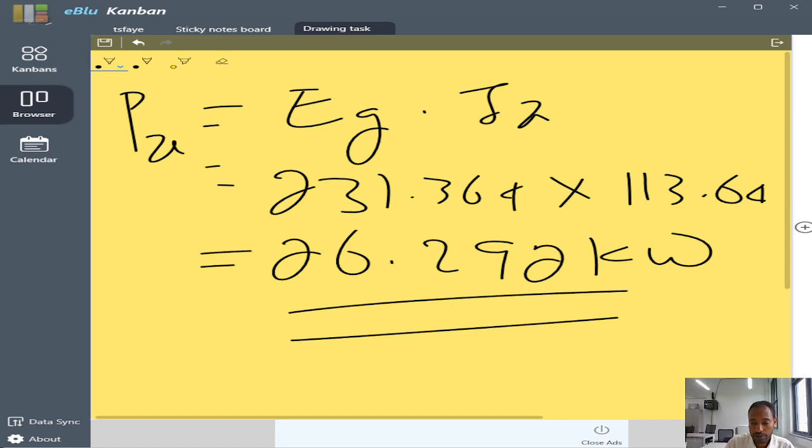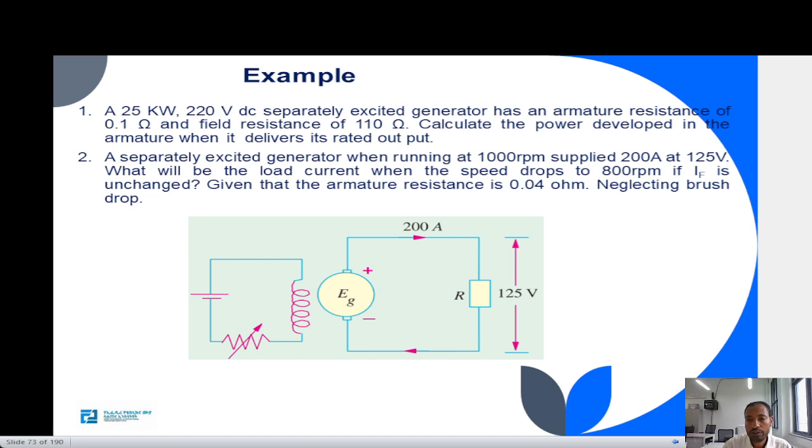So for next, we'll try to attempt a second example. The second example is already given with the graph. A separately excited generator when running at 1000 RPM supplies 200 ampere at 125 volts. What will be the load current when the speed drops to 800 RPM if IF is unchanged?